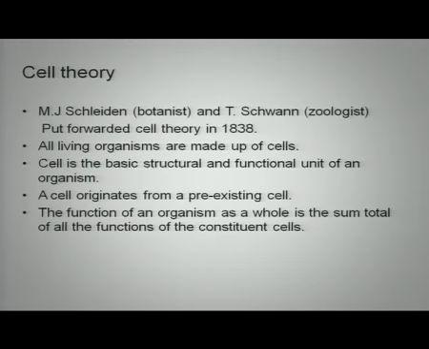It consists of the following facts: all living organisms are made up of cells, and the cell is the basic structural and functional unit of an organism. A cell originates from a pre-existing cell. The function of an organism as a whole is the sum total of all the functions of the constituent cells.